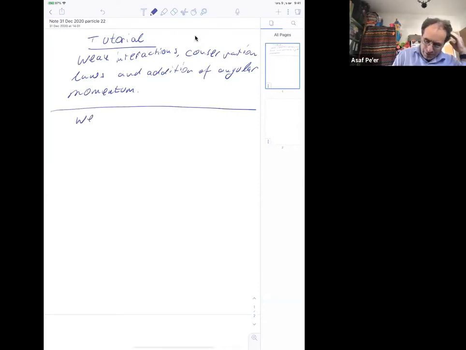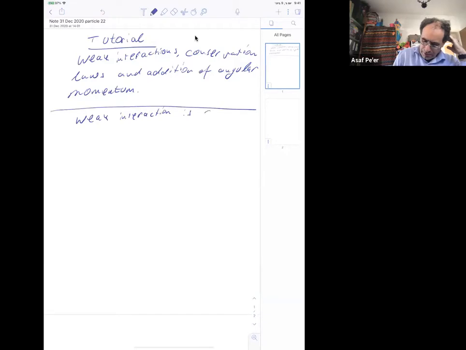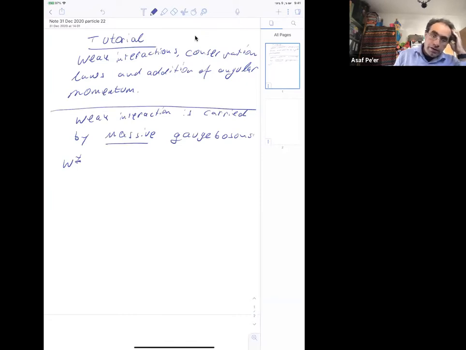So the weak interaction is carried by massive gauge bosons. We have the W plus minus, which carry charge. So they carry the charged weak interaction.